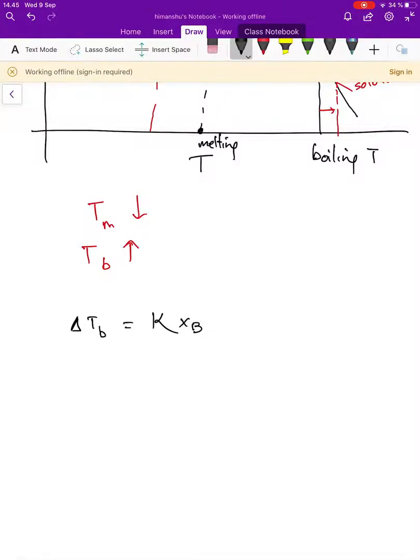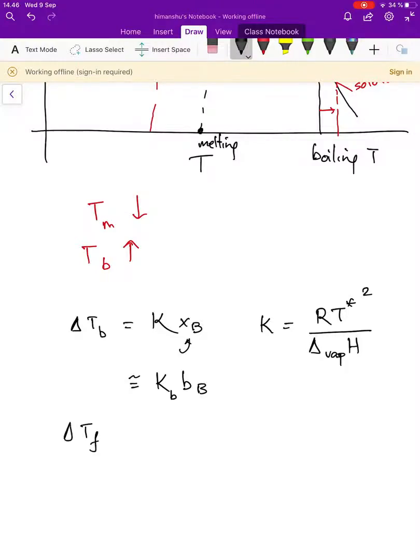As you can see, the elevation depends on the concentration of the solute, but there is nothing about the identity of the solute. It turns out that this constant K depends on the gas constant multiplied by the boiling point squared multiplied by the heat of vaporization. This can also be written in other forms, where you can write it as Kb multiplied by the molality.